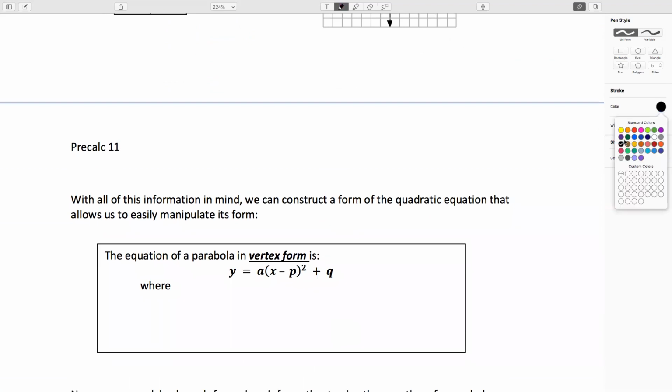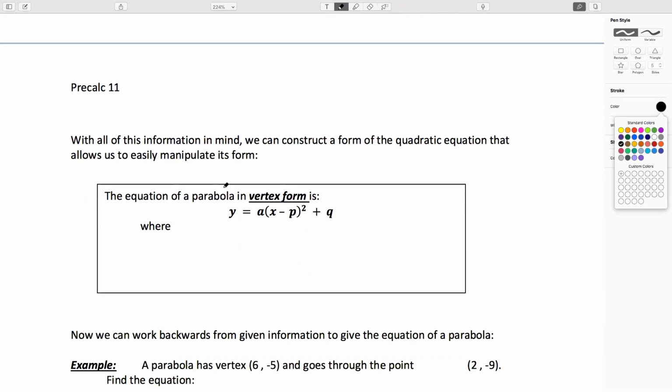So with all this information, we can construct a form of a quadratic equation that allows us to easily manipulate its form, and that's called vertex form. So this is the general form of a quadratic equation in vertex form. It's a little bit different than what we've seen before, but it's very useful for us, all right? And the reason why is our three transformations are built into this function.